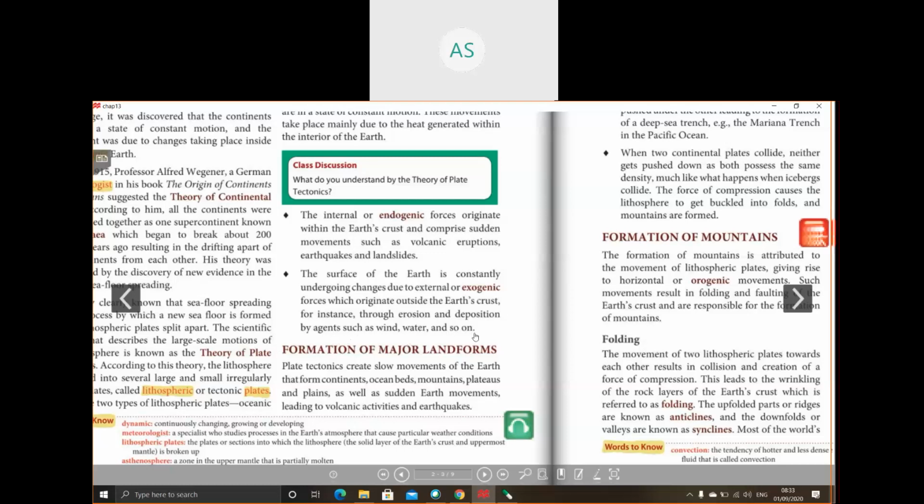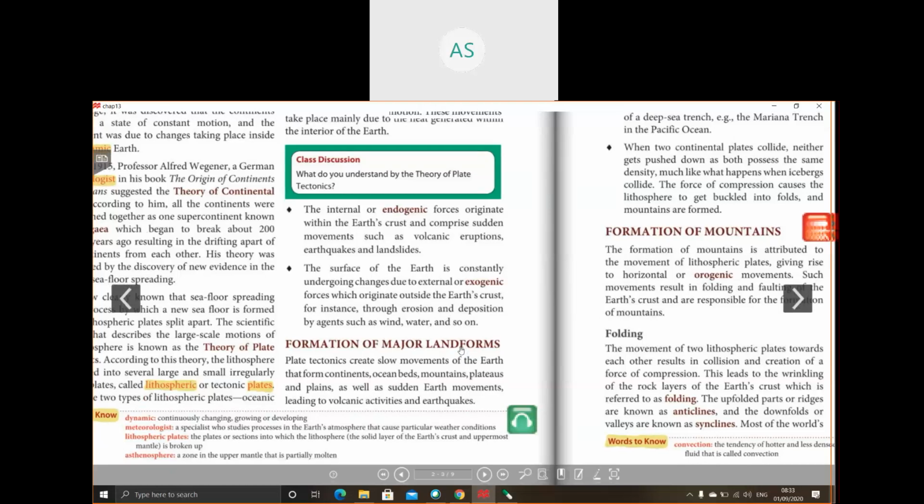I inform you, what are exogenic forces? They occur by heavy wind or heavy rainfall, and deposition occurs by erosion, and depositional agents, by this erosion occurs.